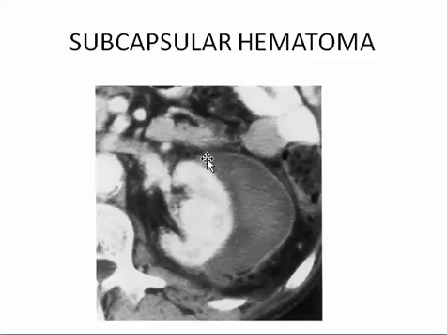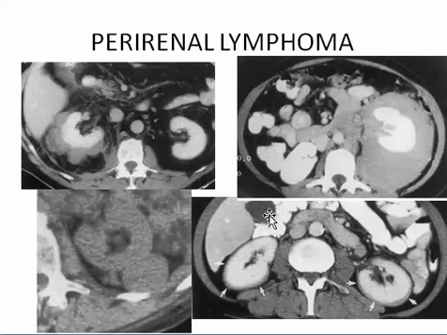Of course, the kidney can show all images and varieties of trauma, including hematoma. This is a retroperitoneal structure. But lymphoma of the kidney can produce more than one picture.